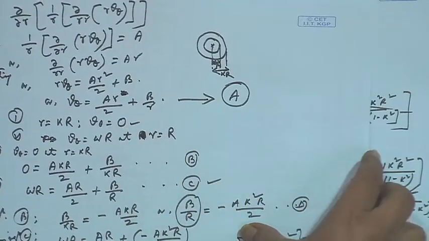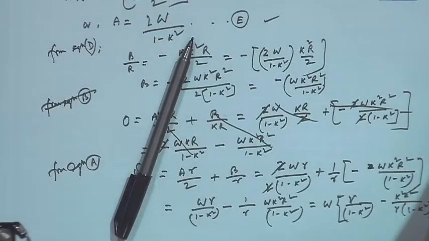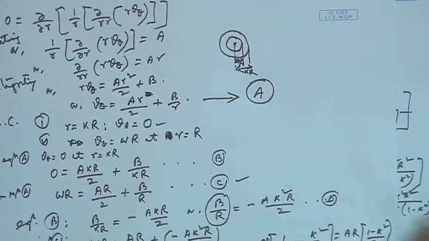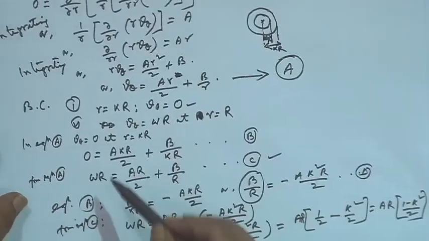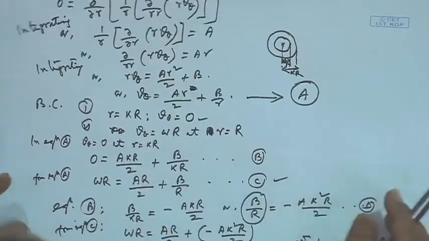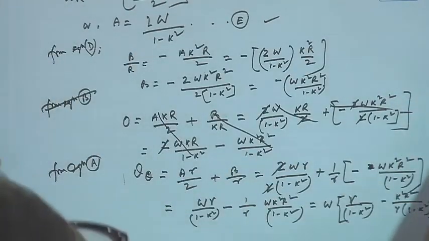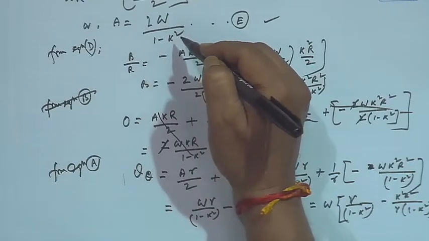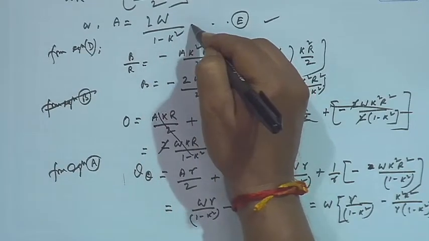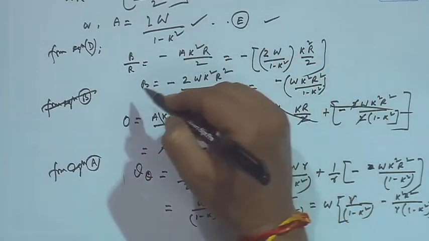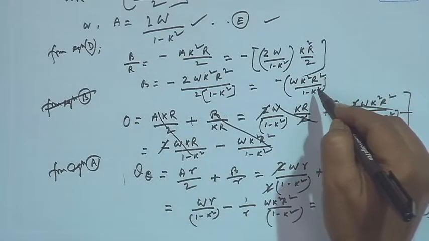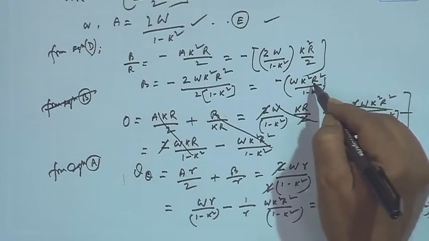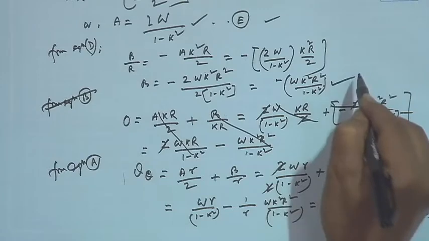So, if we do that, we got A is equal to 2 omega by 1 minus k square, right, and B we got is equal to minus omega k square r square by 1 minus k square.